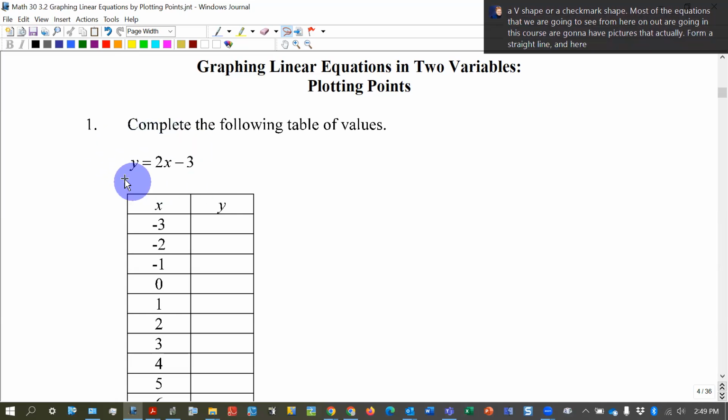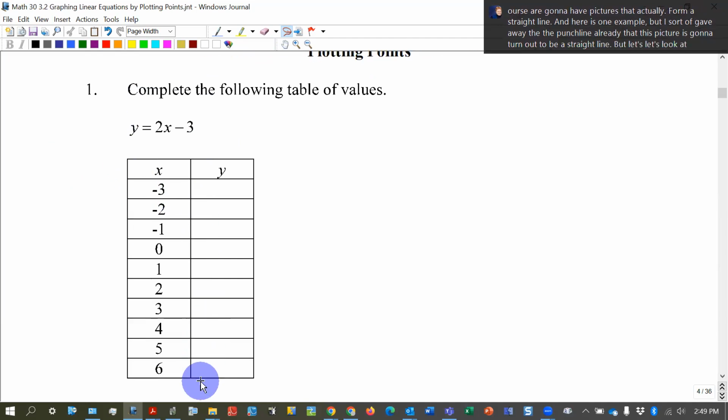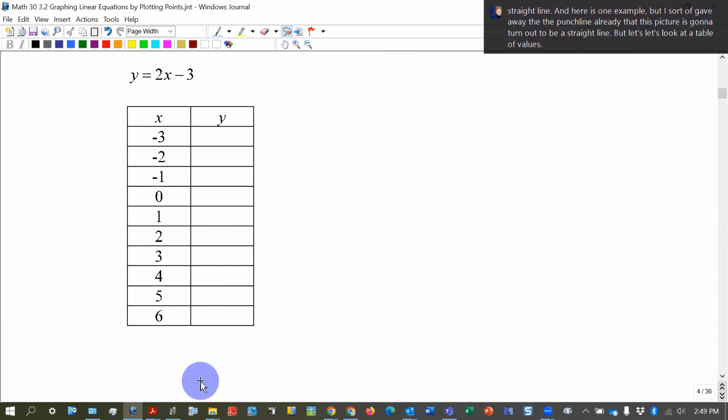And here is one example, but I sort of gave away the punchline already, that this picture is going to turn out to be a straight line. But let's create a table of values and draw the picture and see why.